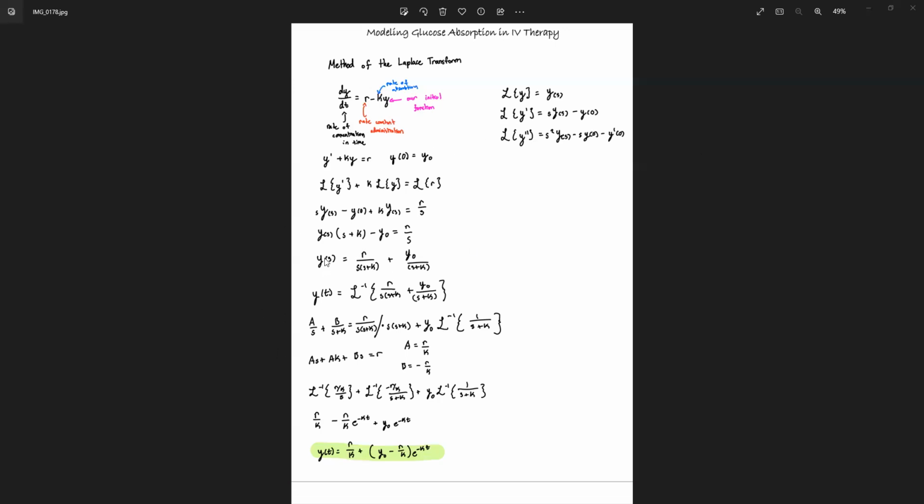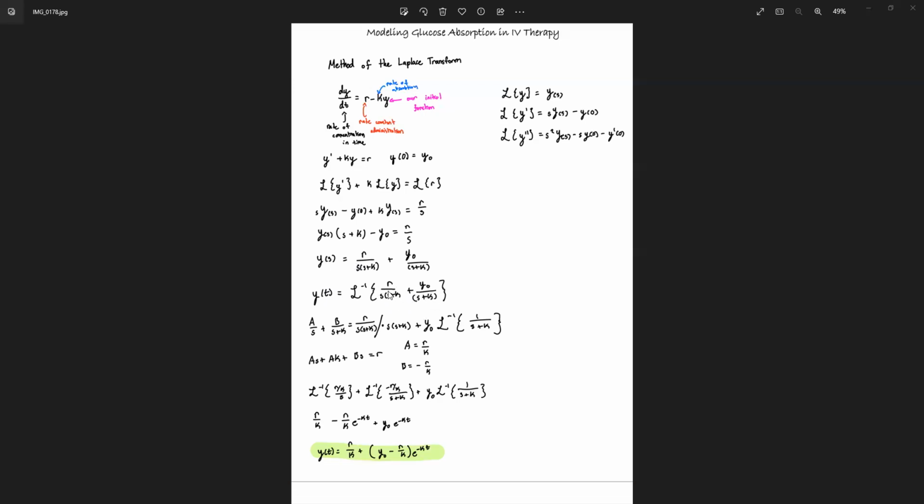From here, we are in a function of s, but we want our equation as a function of time. So now we must take the inverse Laplace transform of what we have solved for, which leaves us with y(t) equals the inverse Laplace transform of r over s times (s plus k), plus y naught over s plus k.